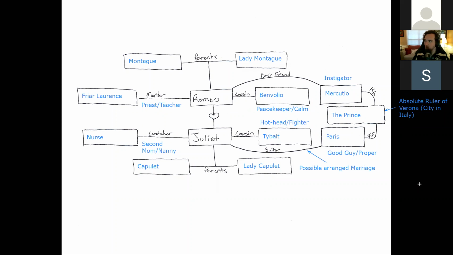So we have this whole setup, and what you'll notice is that these characters are not only divided by their foil to each other, they also are in different classes. And let me show you what I mean by that. Okay, so everybody on the left-hand side here, these two, the nurse and Friar Lawrence, these are commoners.